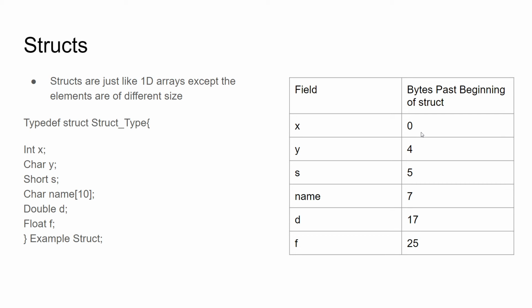But since x takes up the first 4 bytes, the next element has to appear how far past the beginning? Given that x is 4 bytes big, our next element has to appear 4 bytes past the beginning of the struct, right? Because x is taking up the first 4. And so if we look at y, it starts at 4. How big is a character?